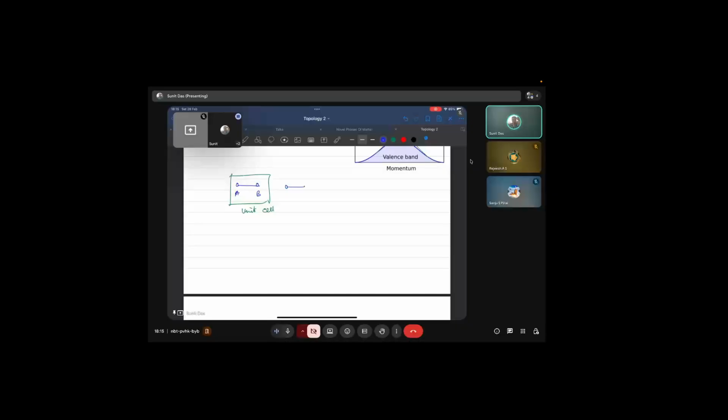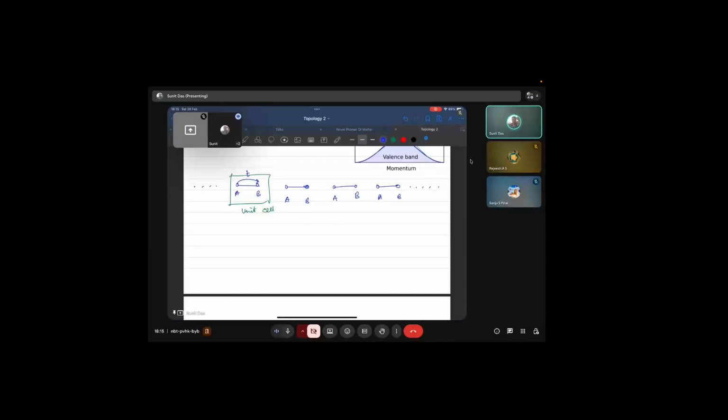So again, we'll have a unit cell of a similar type, A type of atom and then B type of atom, and it goes on both sides. And these are unit cells. Now, assume that the hopping of the electrons from A to B is represented by t.